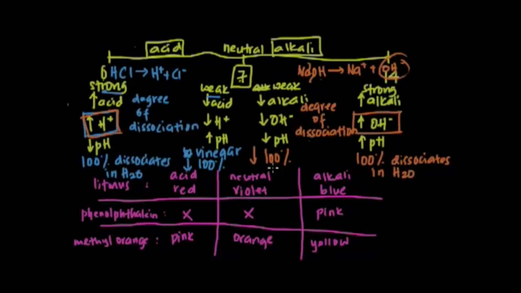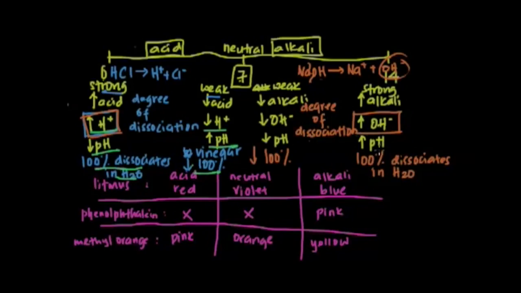So please remember, when we talk about strong acid, it means it dissociates 100% in water, therefore creating a high concentration of hydrogen ions and has a lower pH value. A weak acid, the other way around, right? It partially dissociates and it has a low concentration of hydrogen ion and it has a higher pH value.